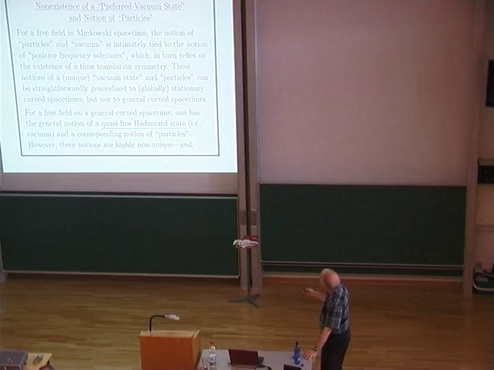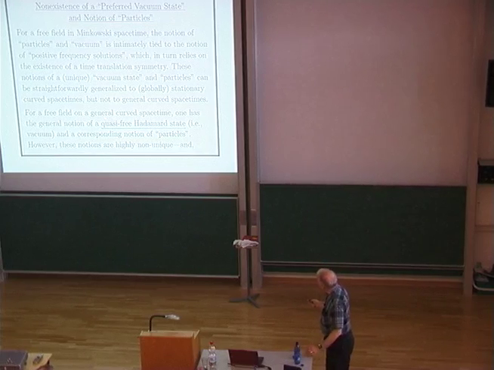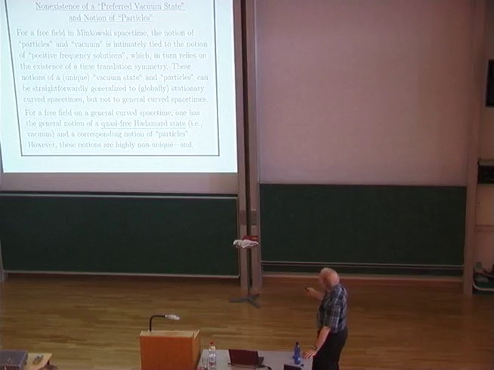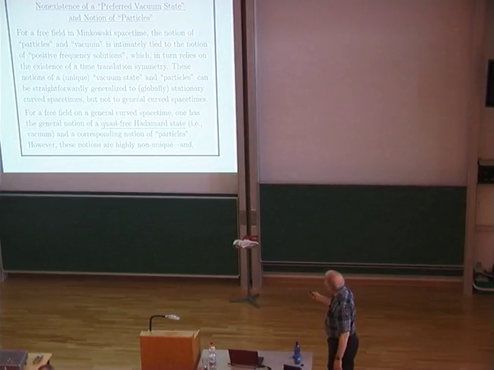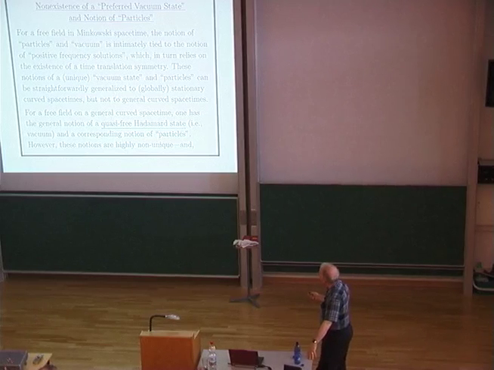The problem is not that there's no way of doing it, there are just many ways of doing it, and none of them seem preferred. One can pick out a class of states that are vacuum-like in character, namely the quasi-free states that have the correlation function satisfying, again, I'm talking in the free field context, the same relations as in the usual vacuum state.